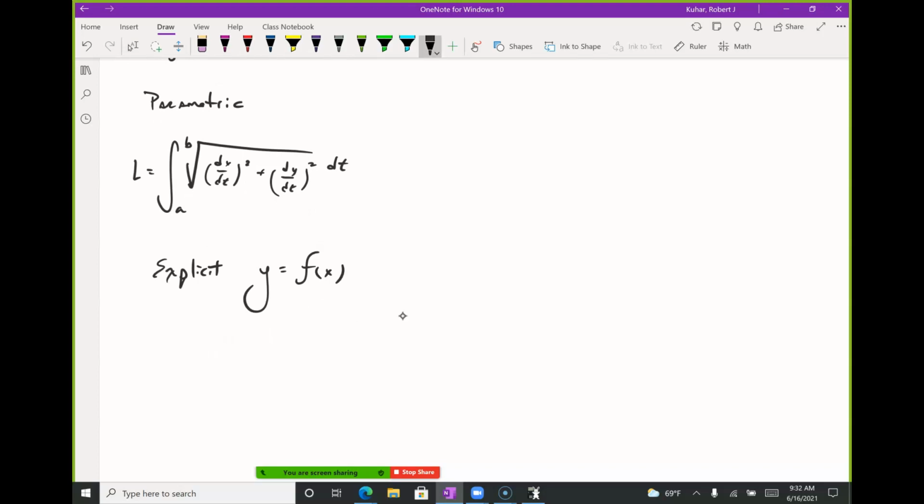I can really think of this as x equals t and y equals f of t, right? So I can cheat this a little bit. But so what happens to dx dt? What is dx dt in this case? So dx dt is what? If x equals t, what's dx dt?